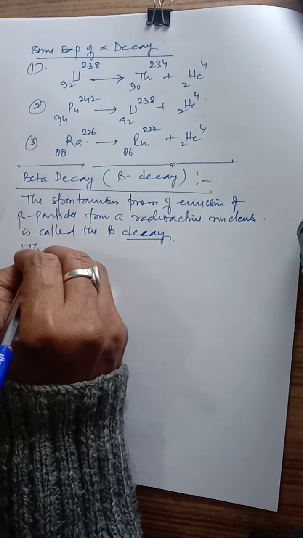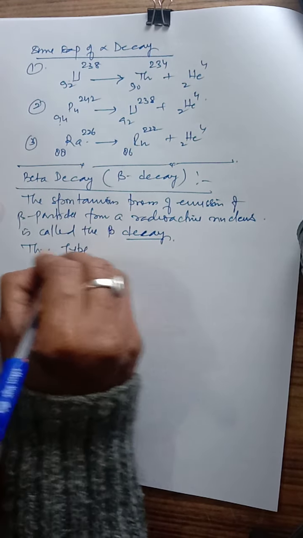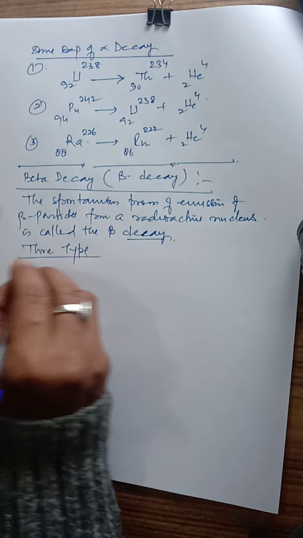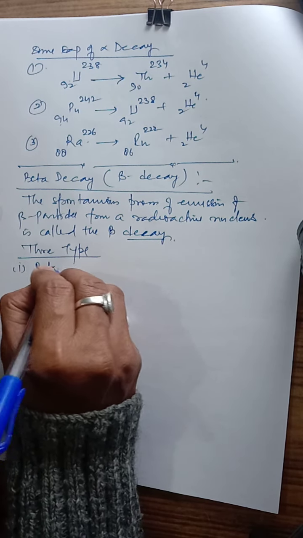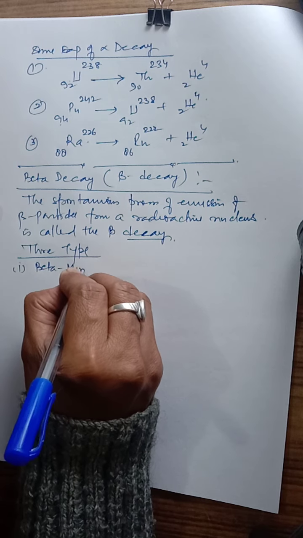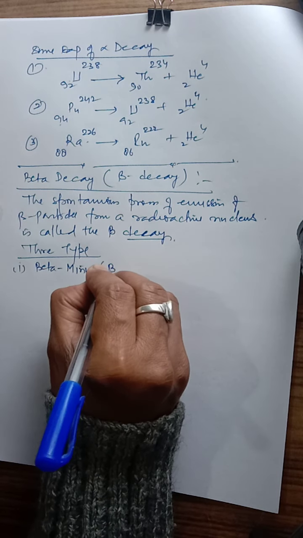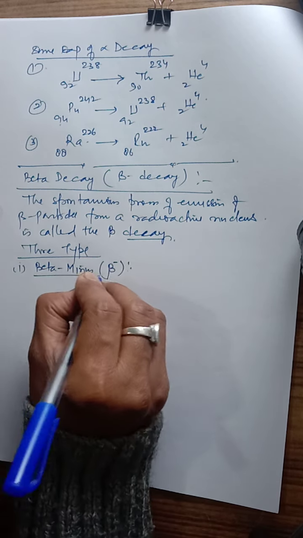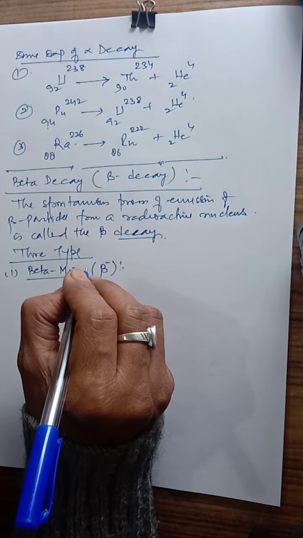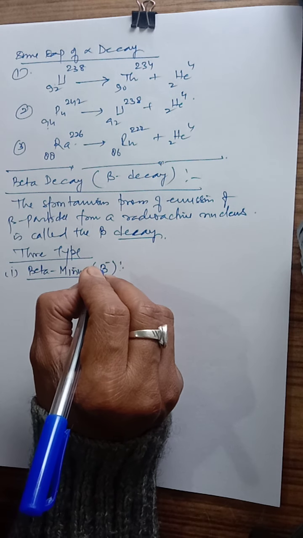It is basically of three types. The very first is beta minus, which is represented as beta minus here.